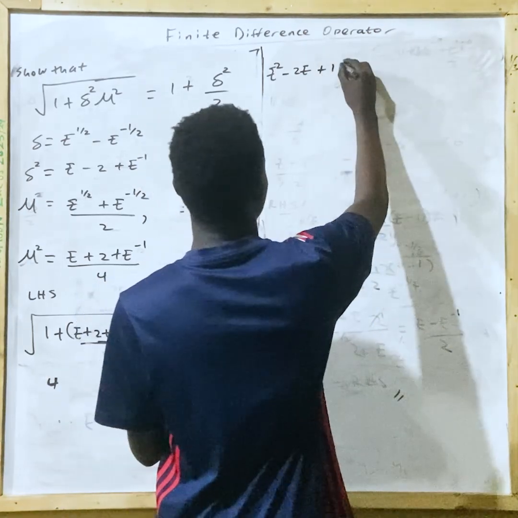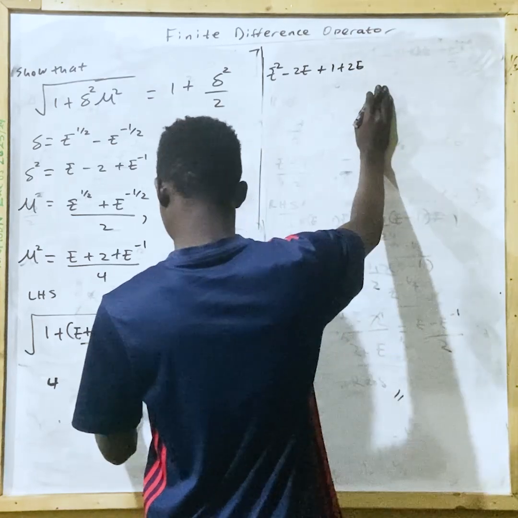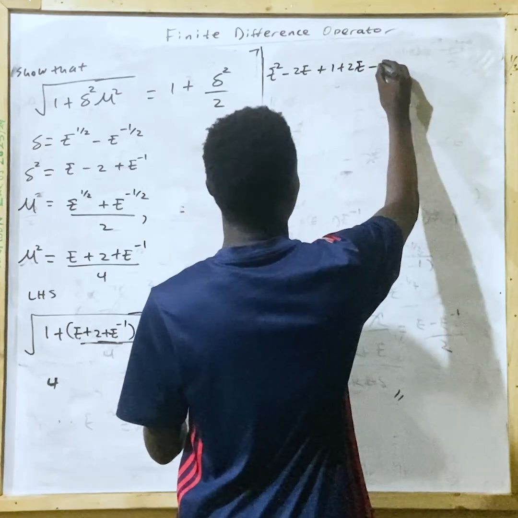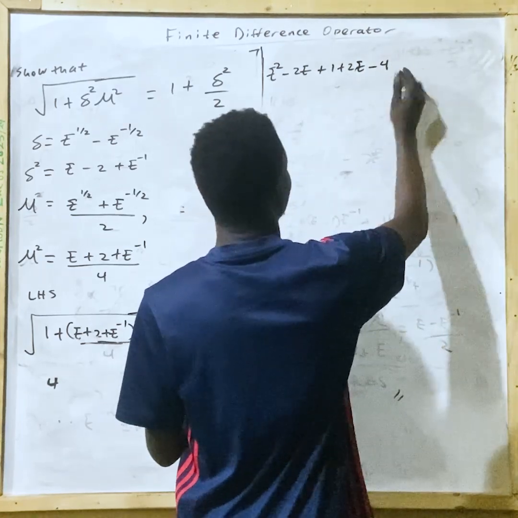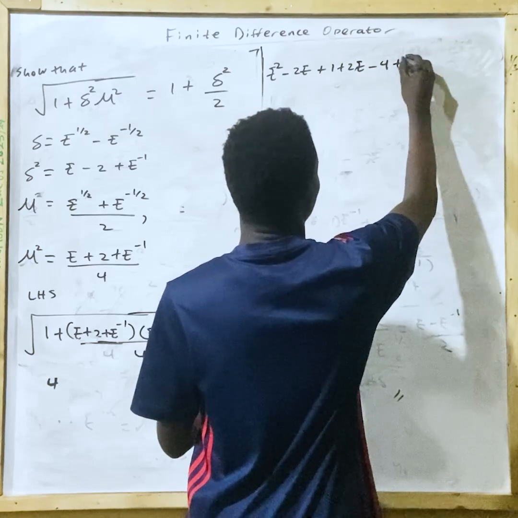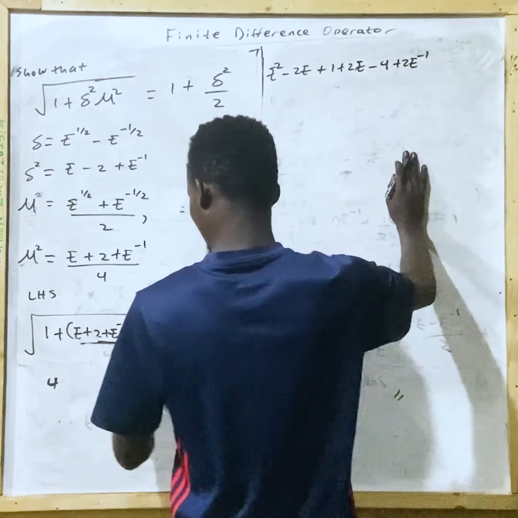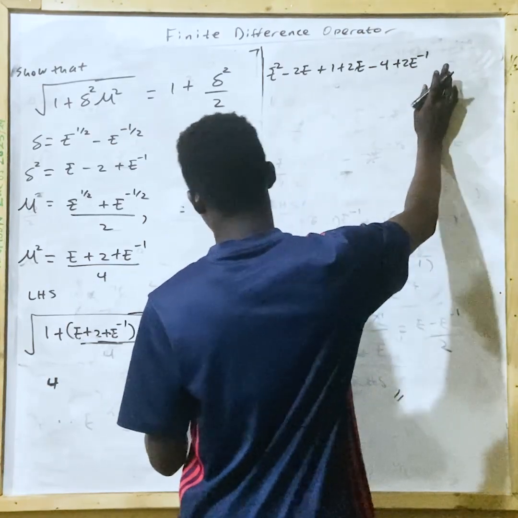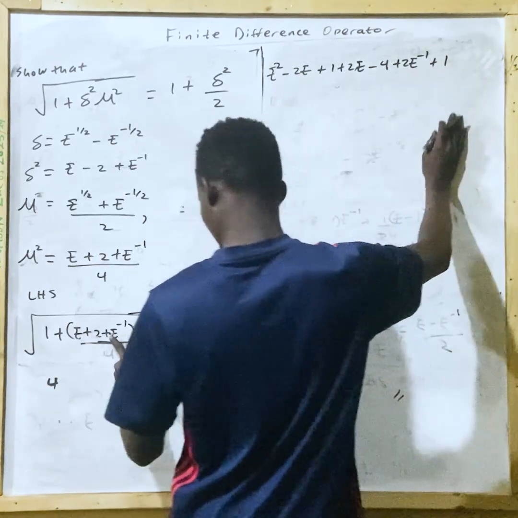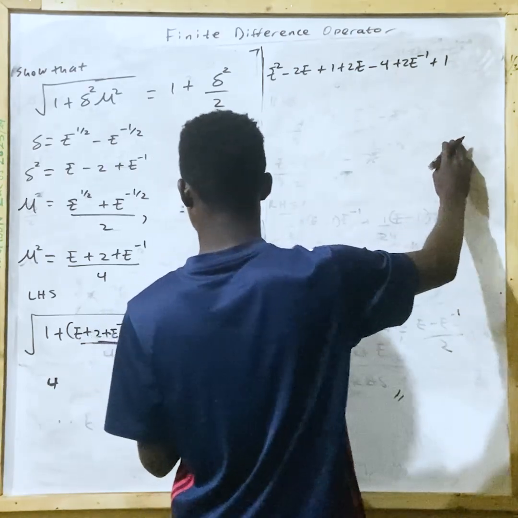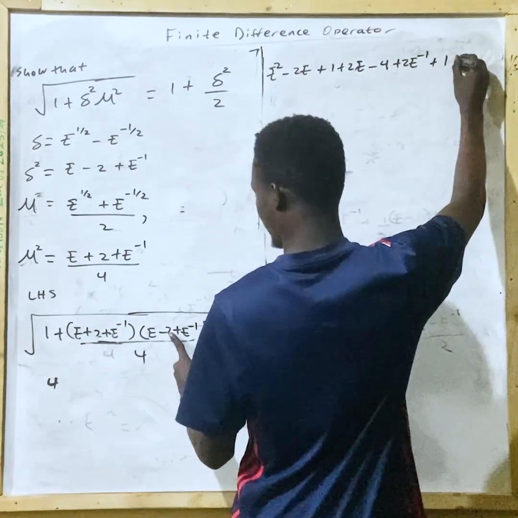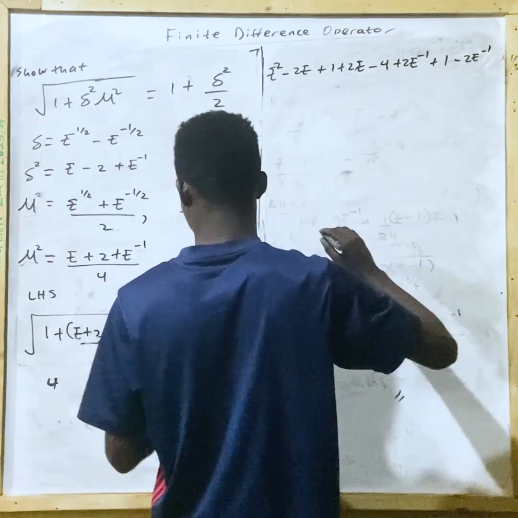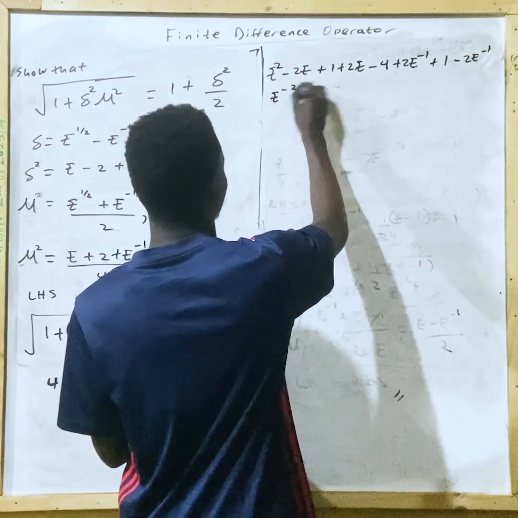Then 2 times e, plus 2e, 2 times minus 2, that's minus 4, 2 times e raised to power minus 1, that's plus 2e raised to power minus 1. Then e raised to power minus 1 times e, that's plus 1, e raised to power minus 1 times minus 2, so you have minus 2e raised to power minus 1, then e raised to power minus 1 times e raised to power minus 1, so you have e raised to power minus 2.